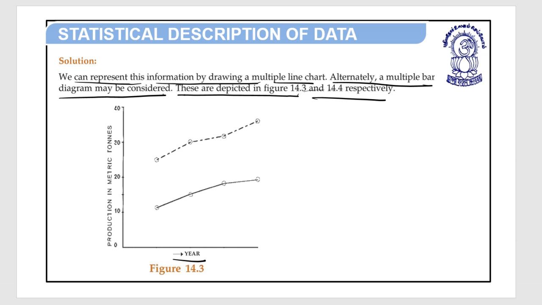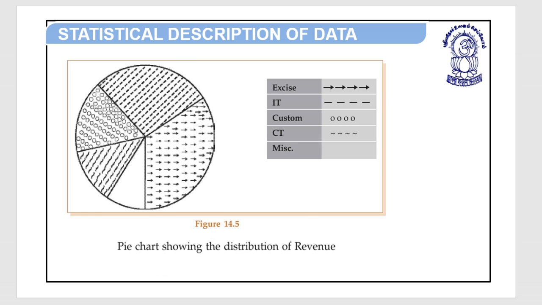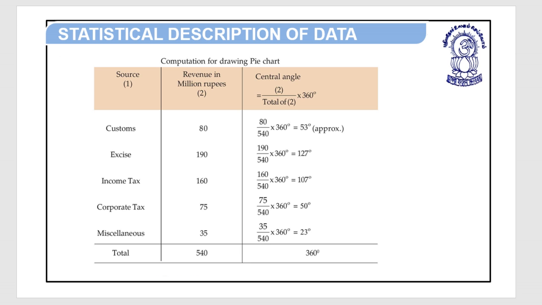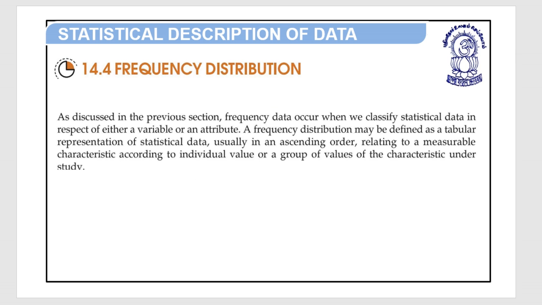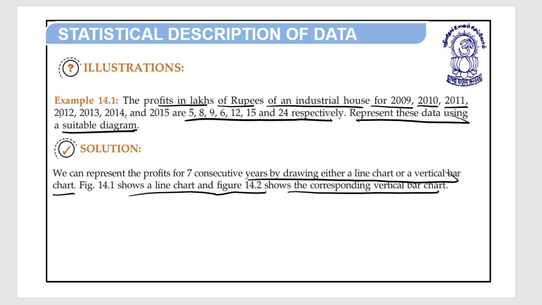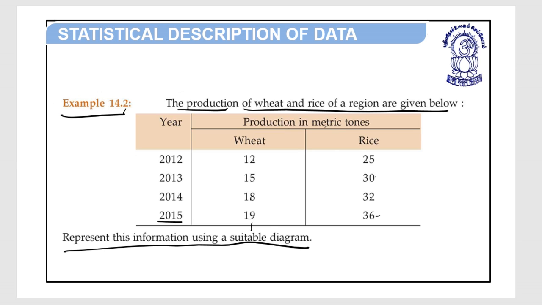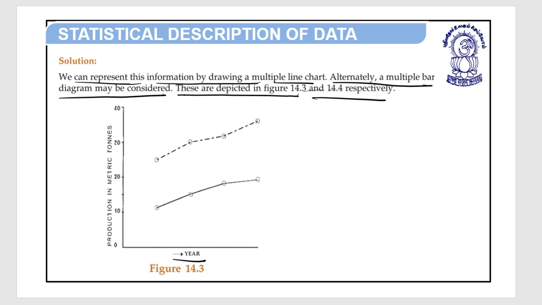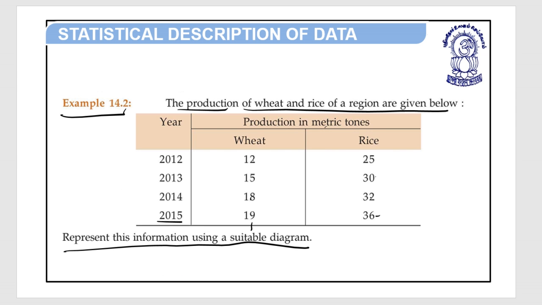So here in 2012, production in metric tons: wheat 12 tons, rice 25.